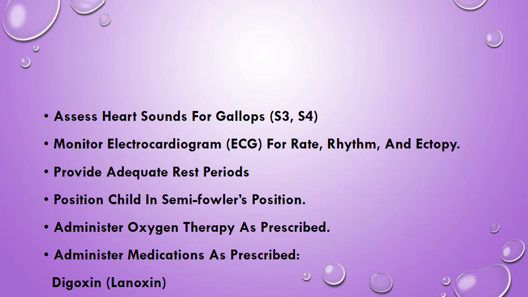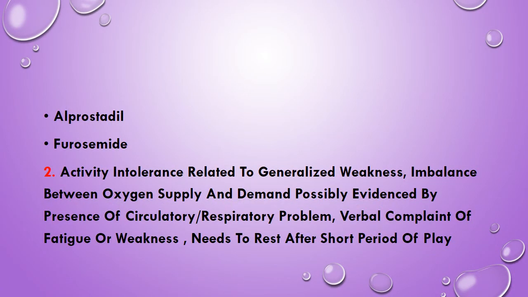Mainly we will be giving digoxin, that is digitalis, to improve the cardiac output. When giving digoxin, we should monitor the heart rate. If it's above 60 beats per minute, we will give the digoxin. And alprostadil, and furosemide, a loop diuretic.